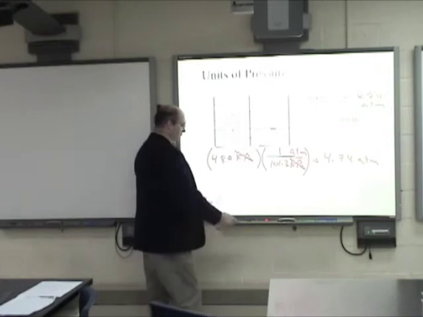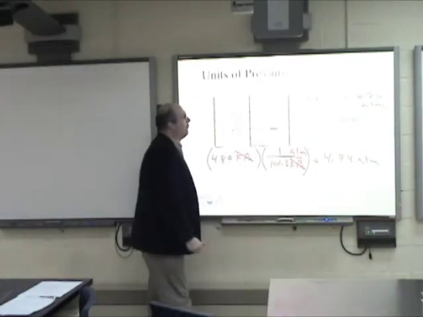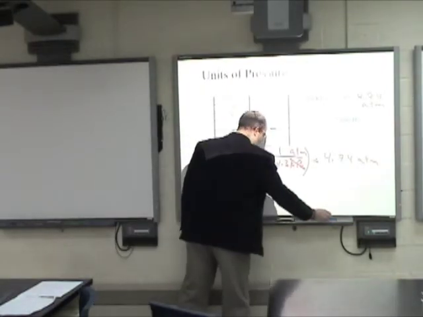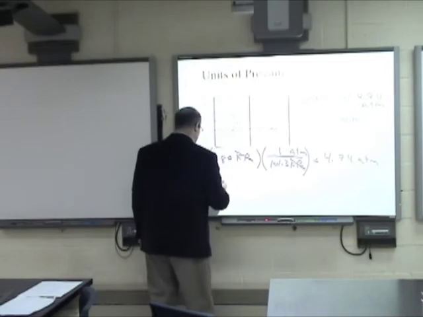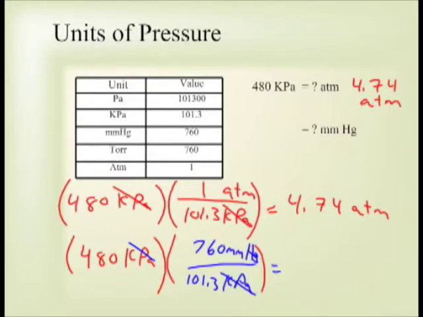So looking at our next example, 480 kilopascals is how many millimeters of mercury? Well, I'll do exactly the same thing, the same process. Use a slightly different color so we can see the difference. We're still going to use 101.3 kilopascals on the bottom, but now I'm looking for millimeters of mercury.